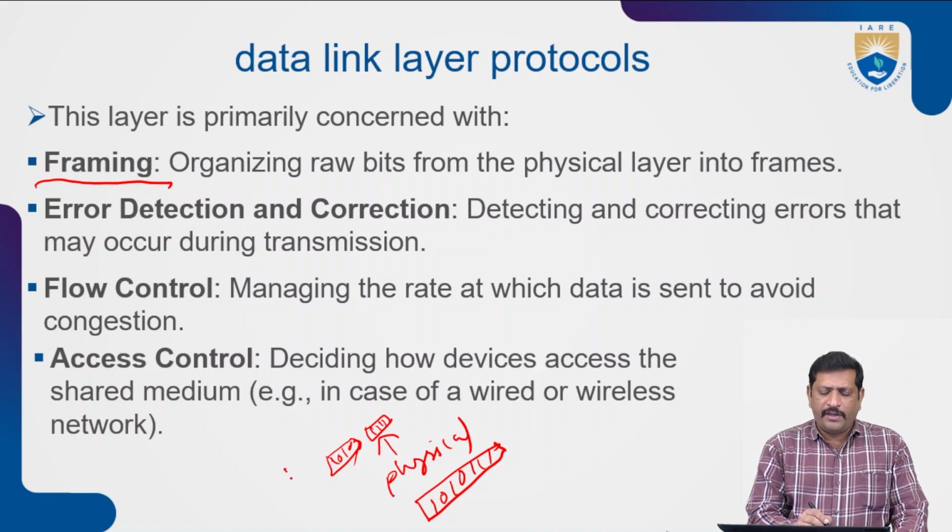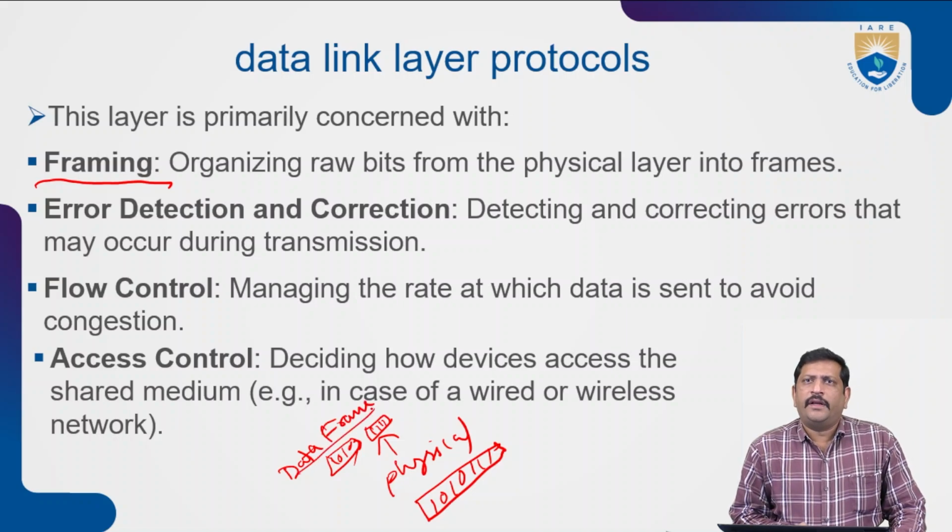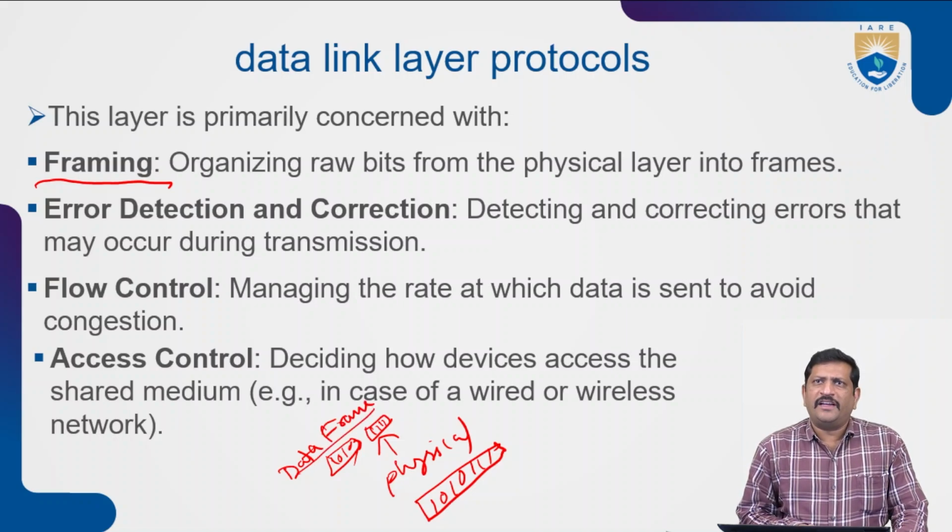So with the help of the data link layer protocols, framing can be done on the data. Framing means organizing the raw bits from the physical layer into data link layer frames.